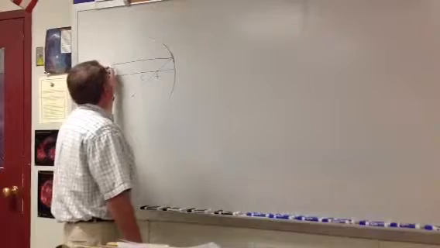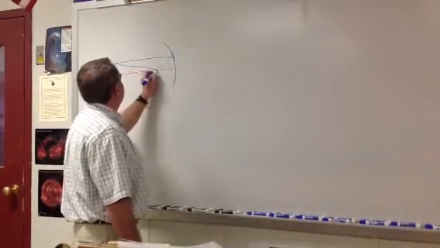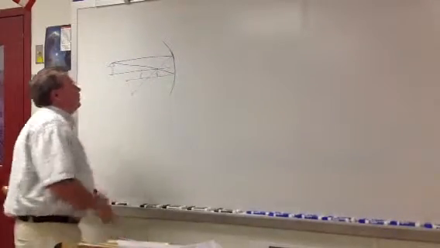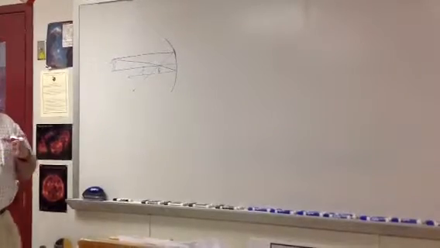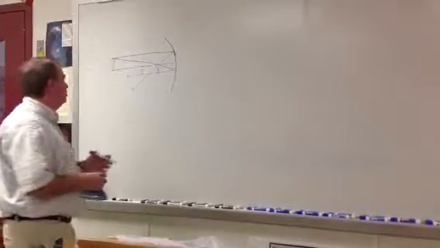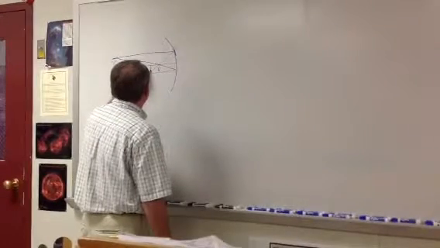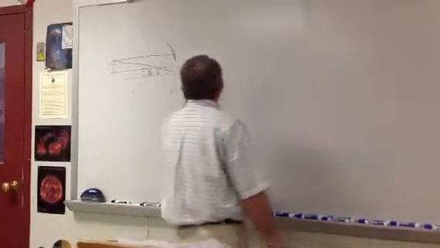Now, the second rule is if a beam of light, or a ray of light, passes through the focal point, it comes out parallel. Now, where those two beams of light cross is where the image is actually going to show up. Now, for a concave spherical mirror, that image is going to be smaller.